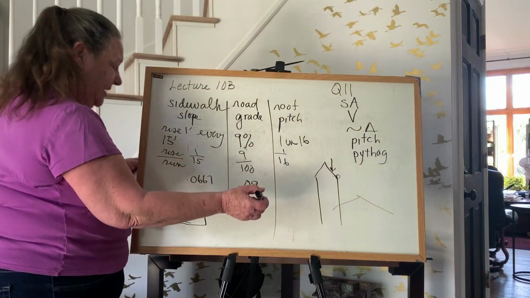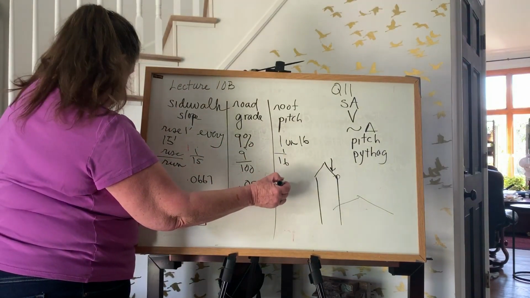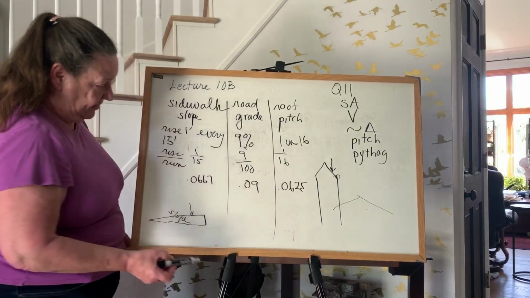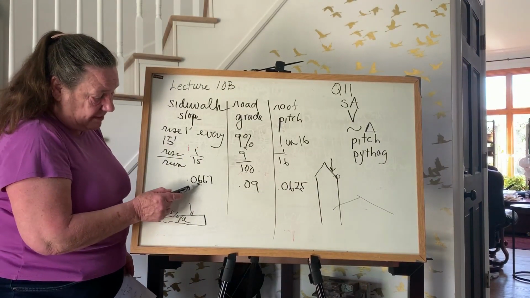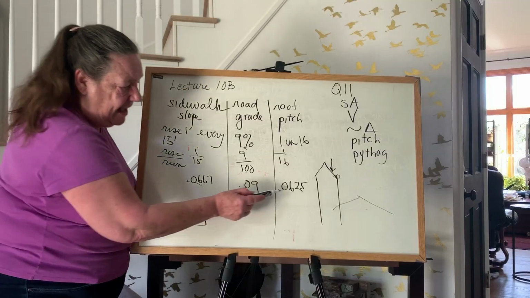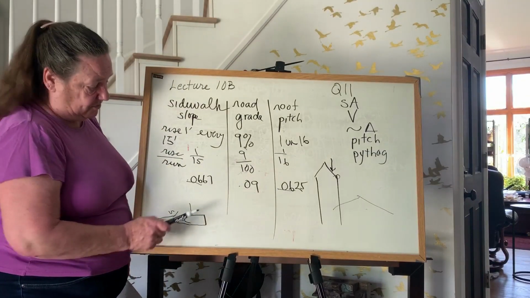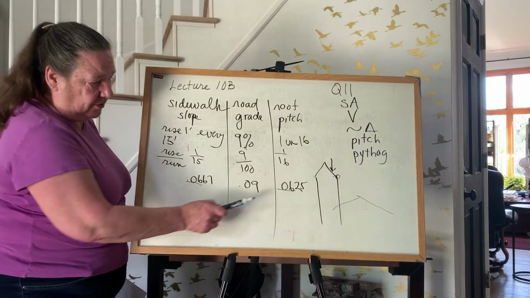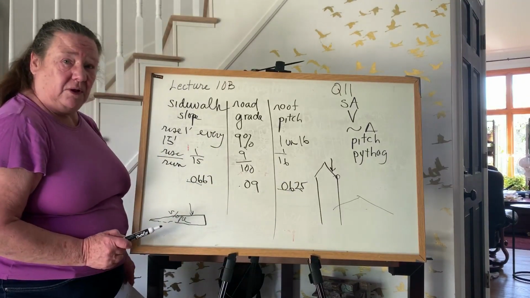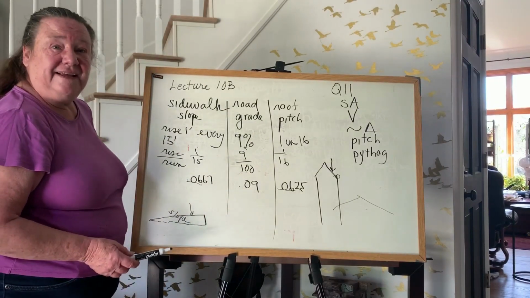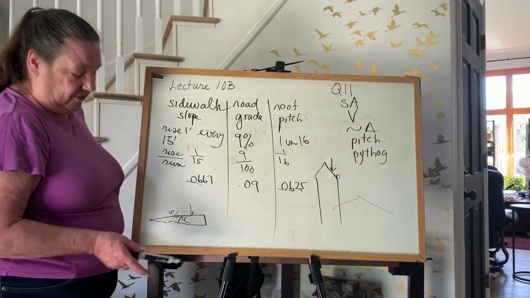1 in 16 is 0.0625. Now you notice I went 0.06 here and 0.06 here. They're not the same, so I had to go a little bit further to see the next decimal. The steepest is the largest number.